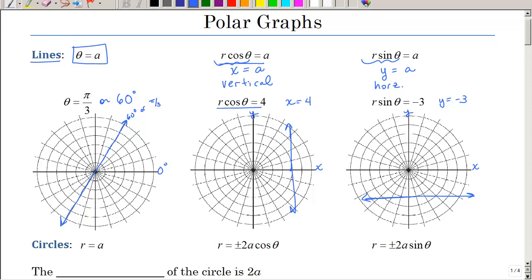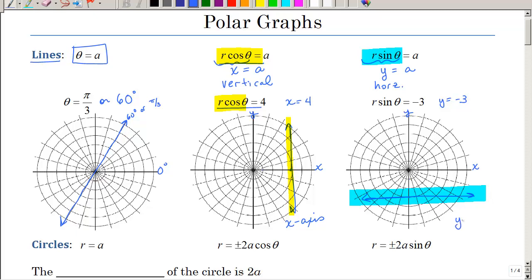Before we go further, I want you to look at this and this. This equation has cosine. How is that vertical line symmetric? It's symmetric with respect to the x-axis, meaning the x-axis acts as a mirror. Now, if we look at this line, where we have r sine theta and a horizontal line, what kind of symmetry does that graph have?